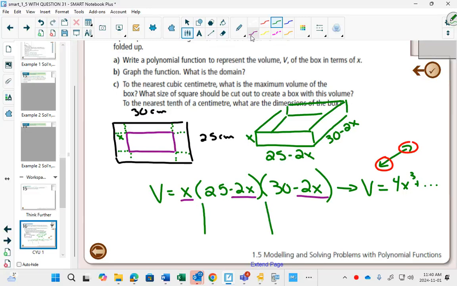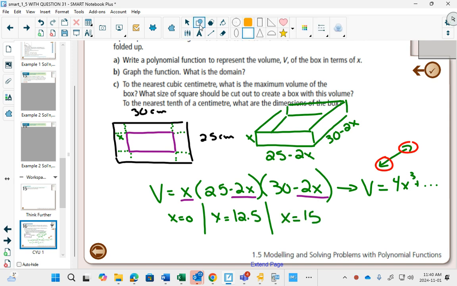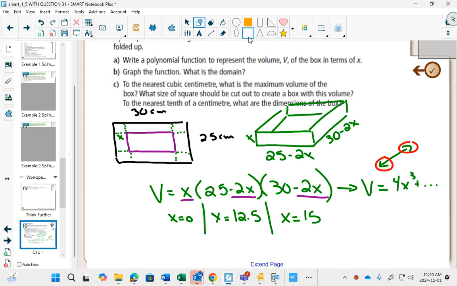We can find our x-intercept because it's already factored, and I hope you can see that your y-intercept, plug in 0 for x, your y-intercept is 0, 0 as well.